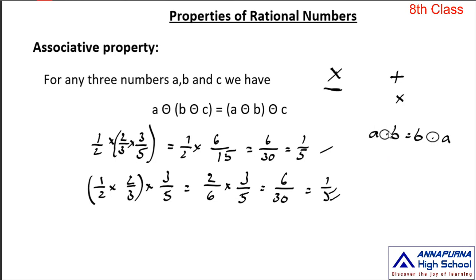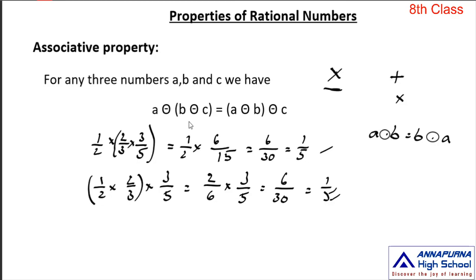A is added to B, or B is added to A. That means we are changing the order of the numbers. But in associative property, we didn't change the order of the numbers. A, B, C. In this right side also we are taking A, B, C. But what changes here? Fundamental operation. Here two fundamental operations are there. That means two same fundamental operations are there, but the order of their application is different. So that is the difference between commutative and associative property.